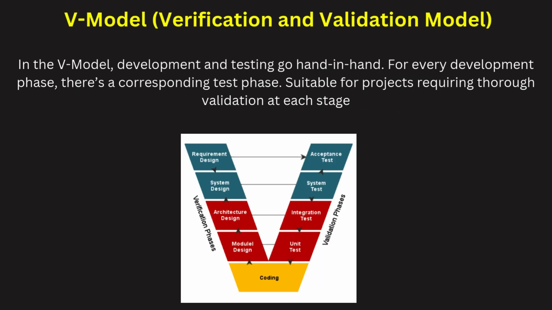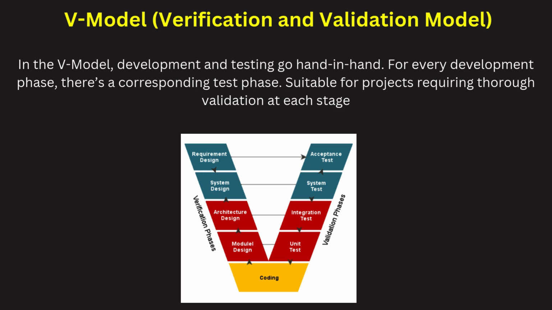Now the V model, or the verification and validation model. The V model builds on the waterfall by mapping each development phase to a corresponding testing phase, forming a V shape. As you move down the left side of the V, you perform activities like requirement gathering and design. On the right side, testing begins with unit tests, and we will discuss the integration test and system test in the next topics, to ensure that the software meets the defined requirements.